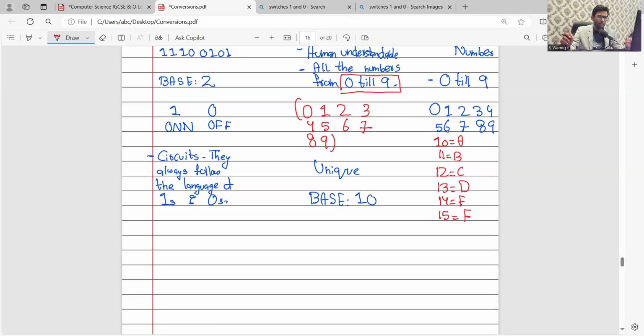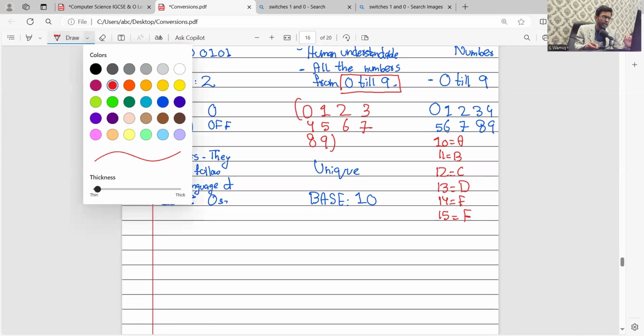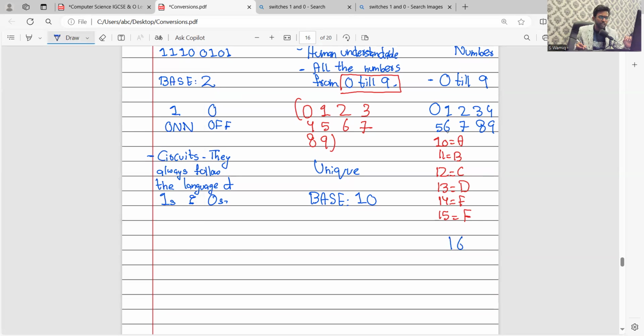All of the numbers from 0 till 15, if I count even the 0, give me the base value of 16. The numbers I have here start from 0 and end at 15, so if I count from 0 till 15, it gives me 16. This is the reason the base value is 16.